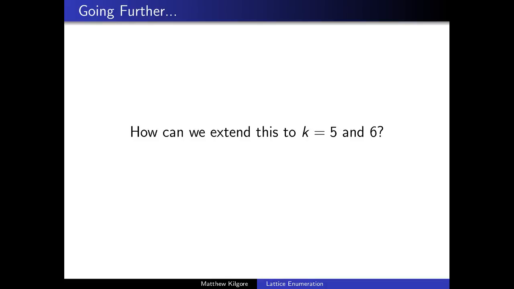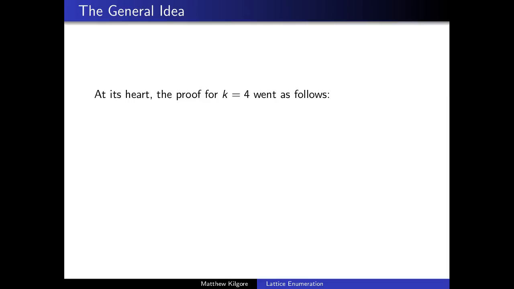Now, this does lead to an actual question. How can we extend this to k equals 5 and k equals 6? We tried a number of ideas and ultimately settled on trying to generalize the proof for k equals 4. We eventually found that the proof went as follows.